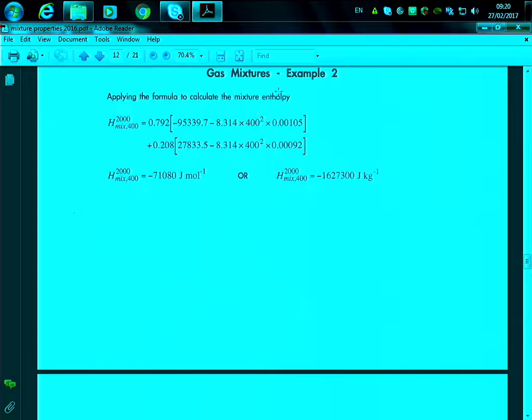So you do this for one compound and for the other, and then you have the enthalpy of the mixture. So really, it's not very difficult, the equations that you have to do to calculate entropy and enthalpy of a mixture. But I think the challenge here is doing your calculations in an ordered way and expressing everything in the right units. Okay, so you can end up with very big equations.